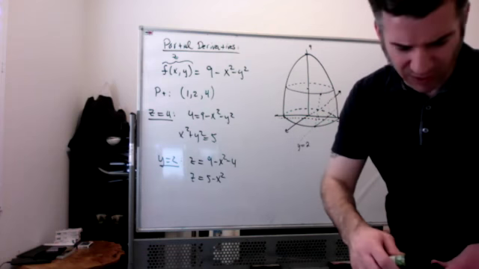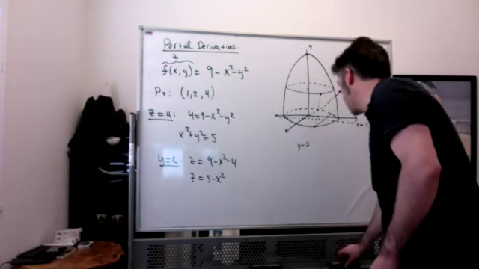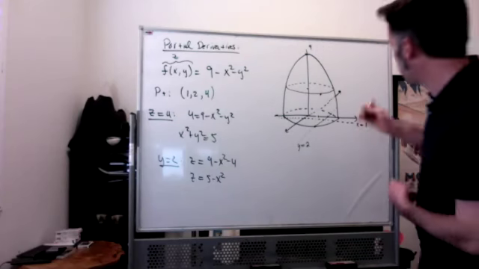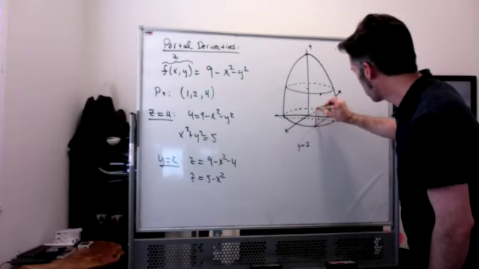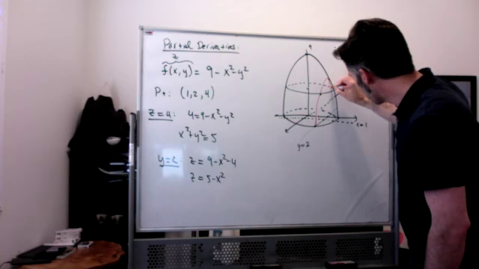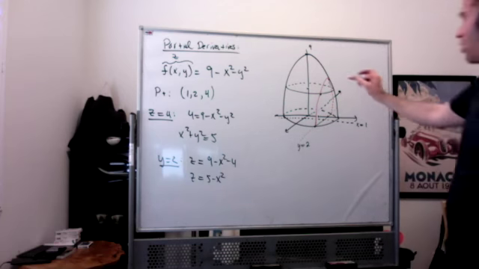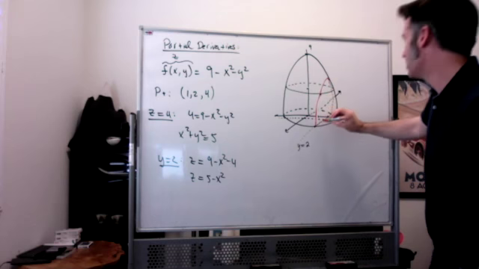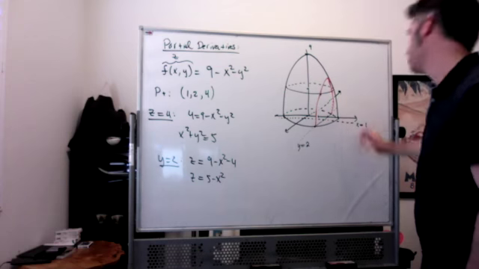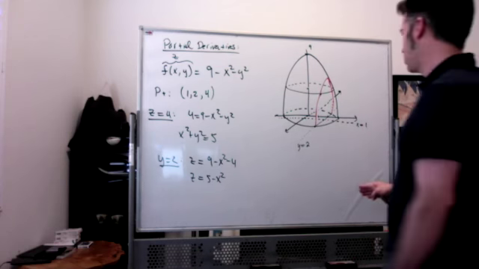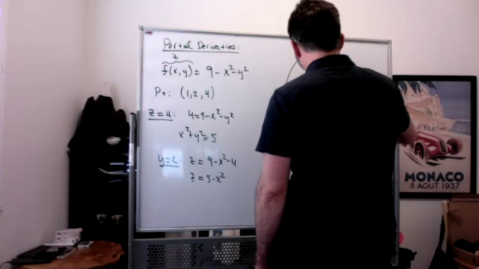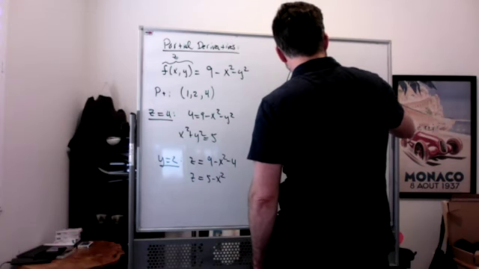I should use a different color. Why am I using all black? Sorry, Julian, I'll read your comment in just a second. But let me draw this. That doesn't look the best. It's supposed to be a straight parabola, but it does not look super straight. I'm not pleased with that parabola, so let me try and fix it. I want it to look good so you guys can really see what's happening here.